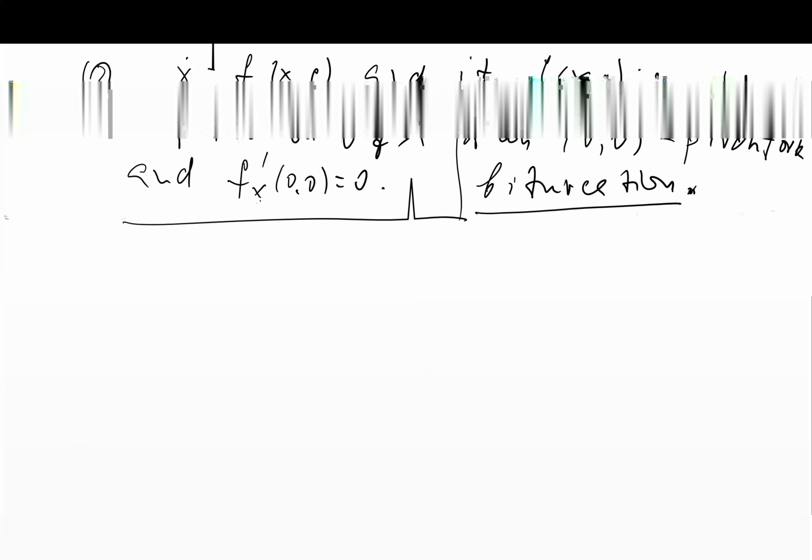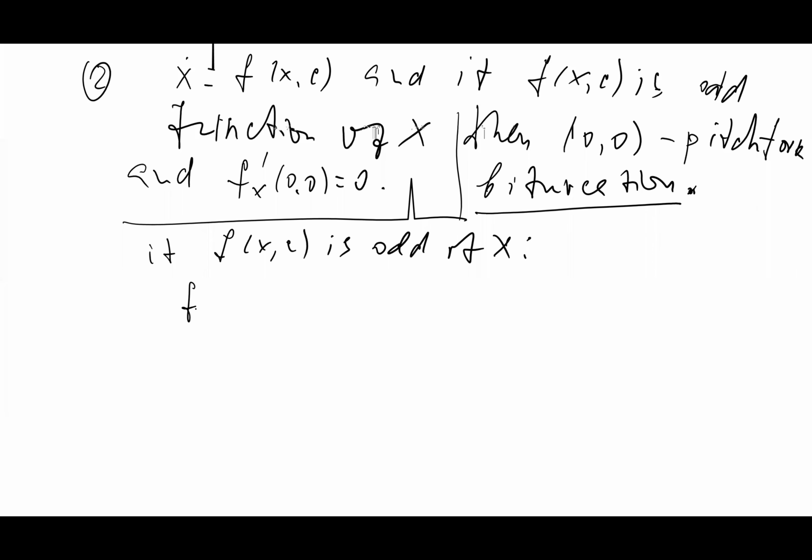If f of x is an odd function of x, then its Taylor expansion in x should have only terms containing x to odd powers.